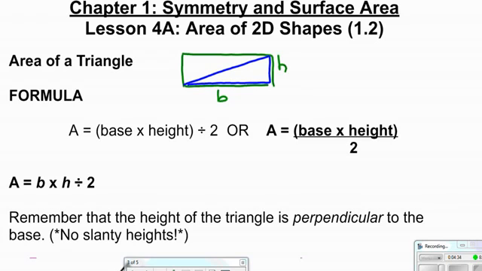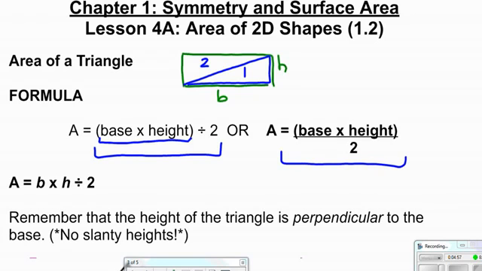Because we can fit 2 triangles into one rectangle, so one triangle is half of a rectangle. So to find the area of a triangle, you would find the area of a rectangle, base times height, and then split it in half, divided by 2. If you want to write it out, base times height divided by 2, all linear, or if you want to turn it more into a fraction, either way it doesn't matter. You're still going to multiply your base and height and then cut it in half.